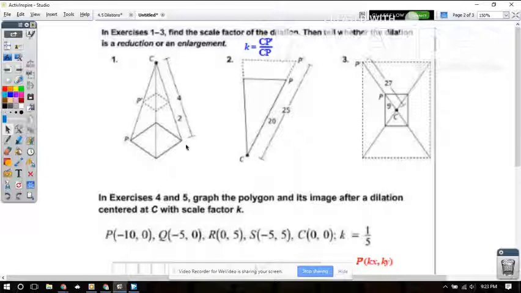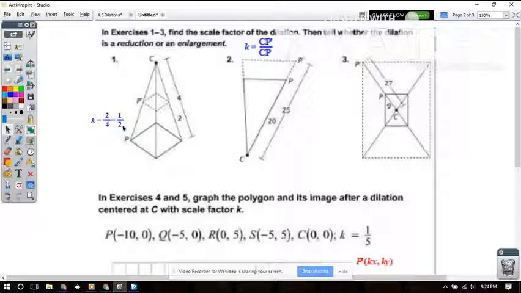So number one, CP prime would be, well, they didn't actually give us that length, did they? But they did give us CP, and they told us the distance from P to P prime, which is 2. So we've got 4 and we've got 2 there, so it's easy to figure out that 4 minus 2 is 2. So the length of segment CP prime is 2 over the length of segment CP, which is 4.